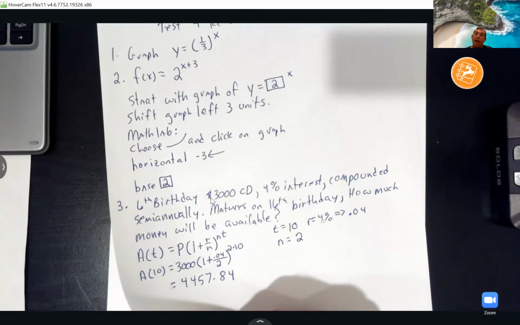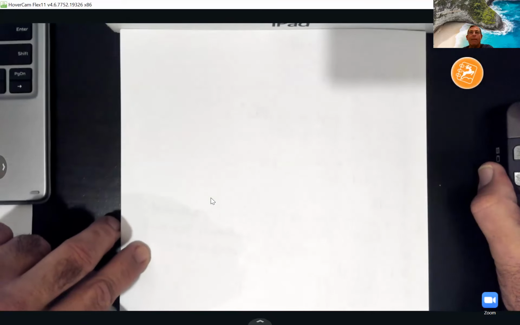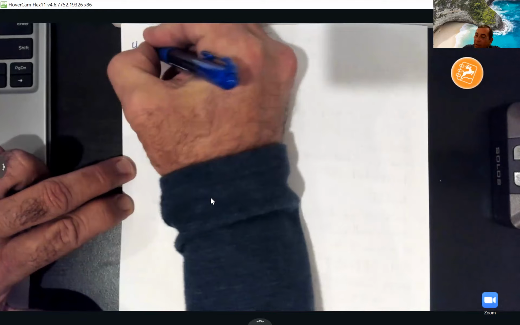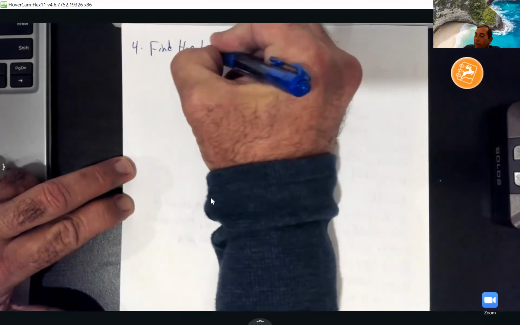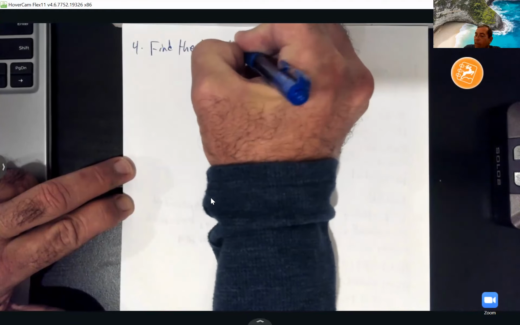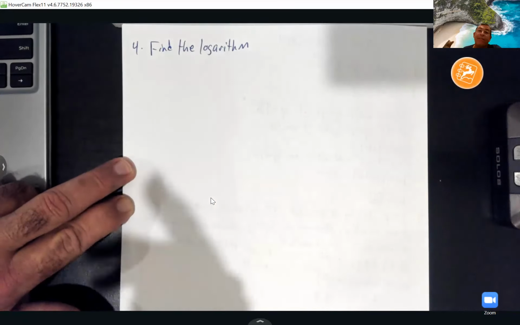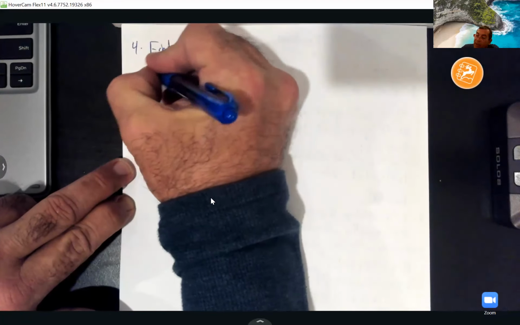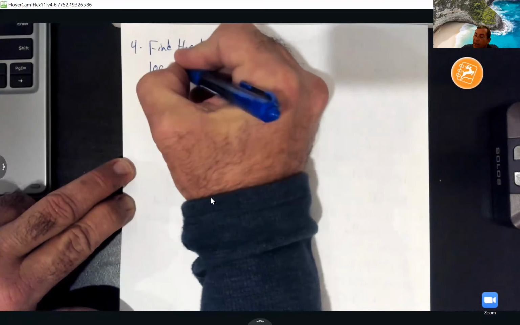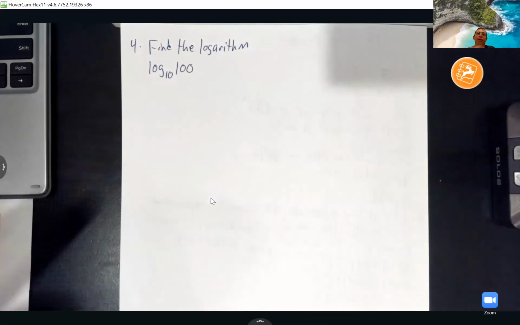All right, y'all. Now we're about to find a lot of logarithms. So number 4, find the logarithm, which means find the exponent. Remember, logarithms are exponents. And this one has a log base 10 of 100.